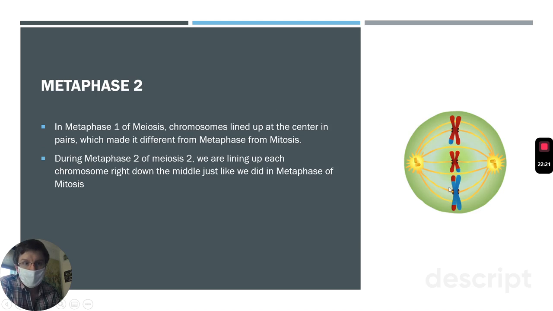Now metaphase 2. What makes this different from metaphase 1 is, take a second to look at this image right now in metaphase 2. All right, take a second to absorb that. Notice how the chromosomes are lined up right down the middle. They may be different at parts, but the chromosomes are lined up right down the middle.